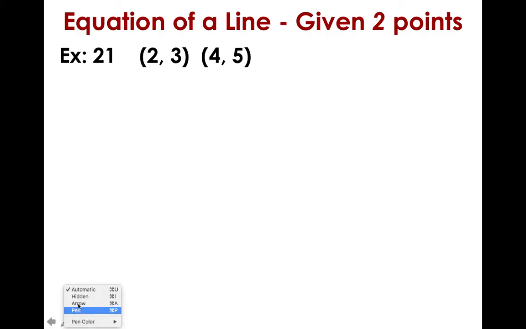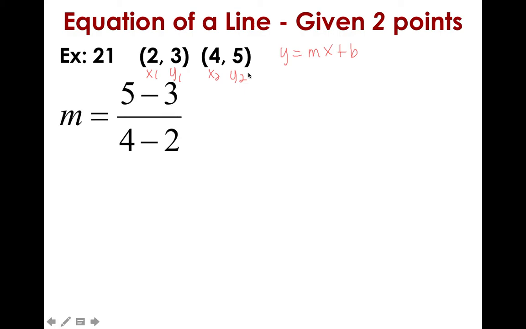So remember, first thing you should do after you write down y equals mx plus b is label. This is x1, y1. This is x2, y2. Well, we plug them in, and we got our slope to equal 1.